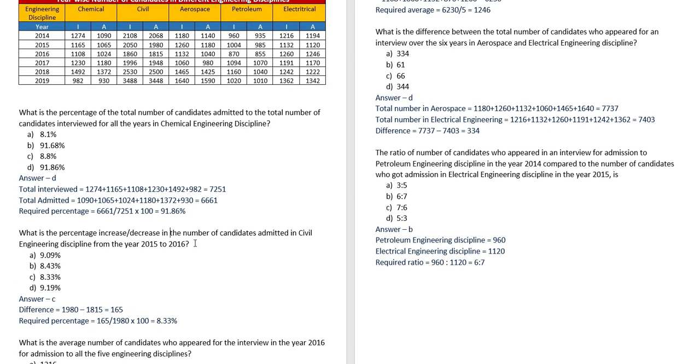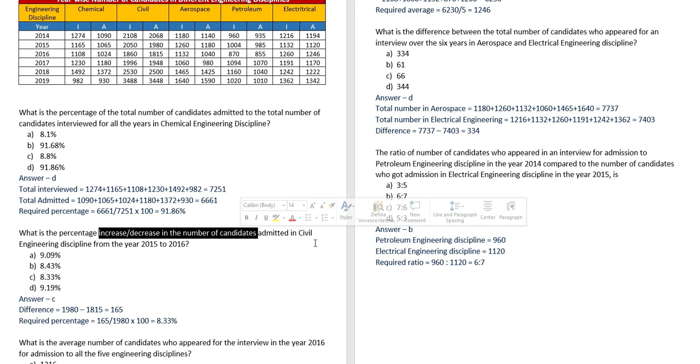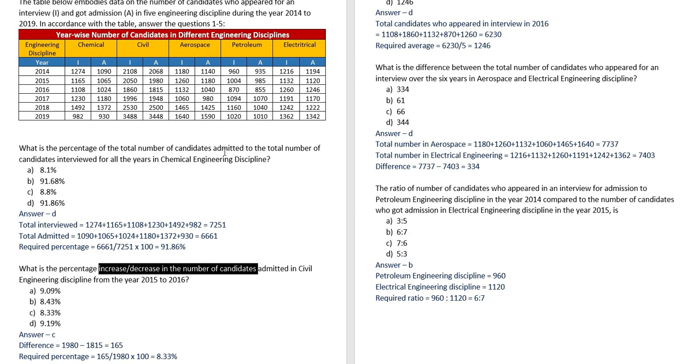Come to the civil engineering part. For 2015, what is the value? 1980. For the year 2016, it is 1815.